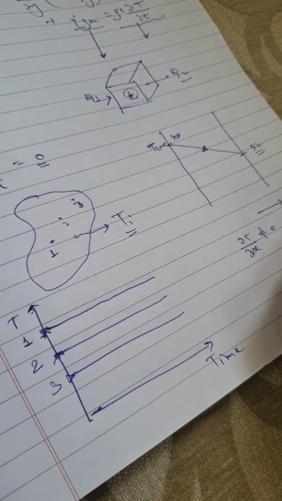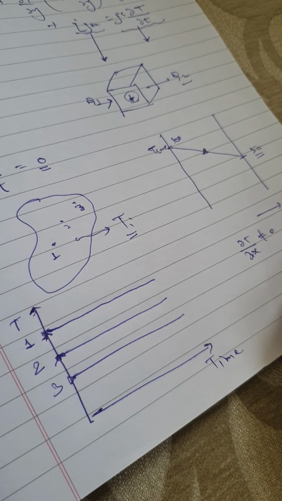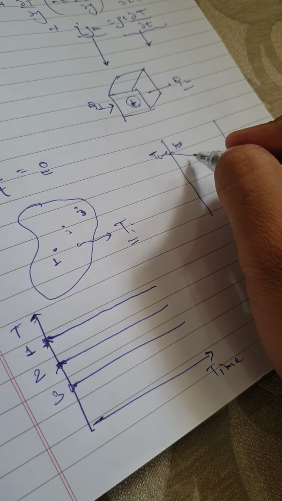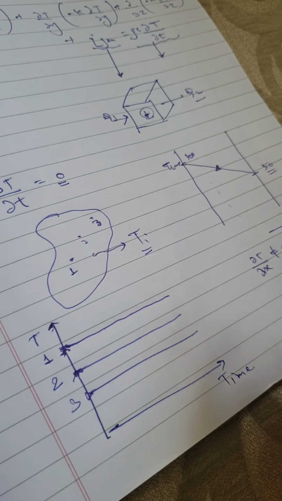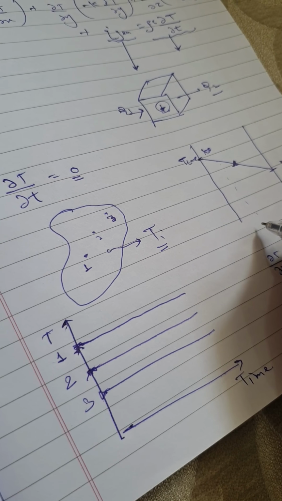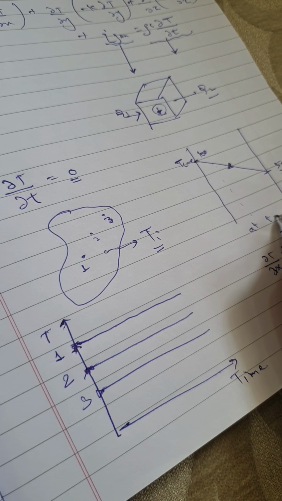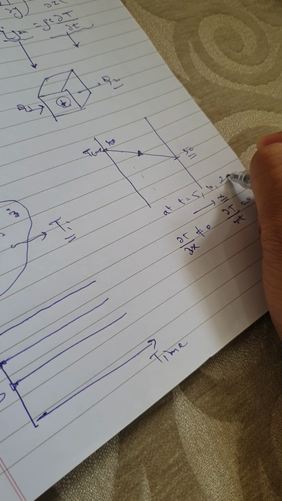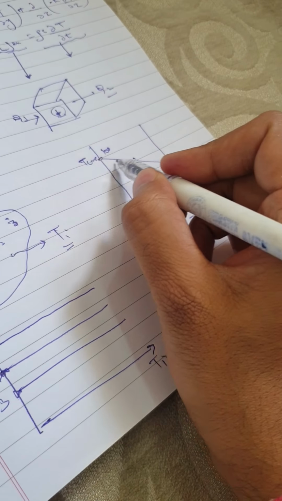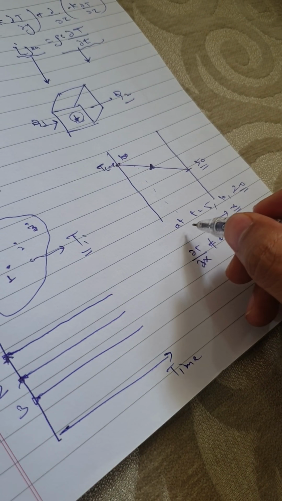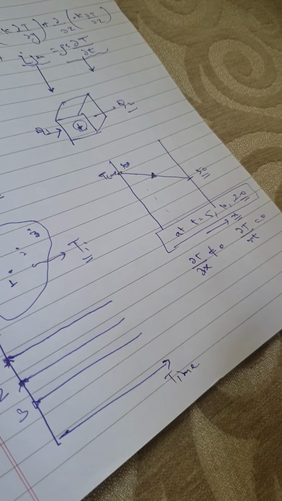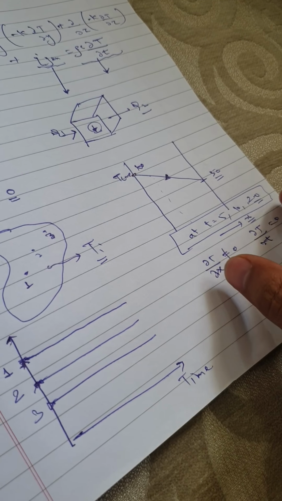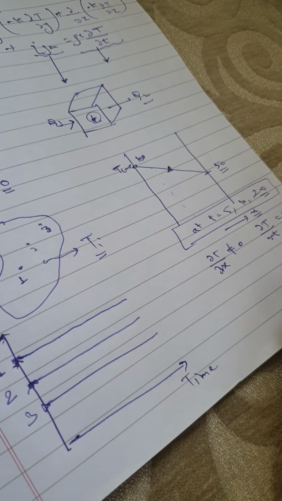Del T by del x will not be equal to 0, but del T by del tau equal to 0. Means if you have seen this location at t equal to 5 seconds, at t equal to 10 seconds, at t equal to 20 seconds, this graph will look like this at different intervals of time. So these are your normal conduction problems in chapter 1.